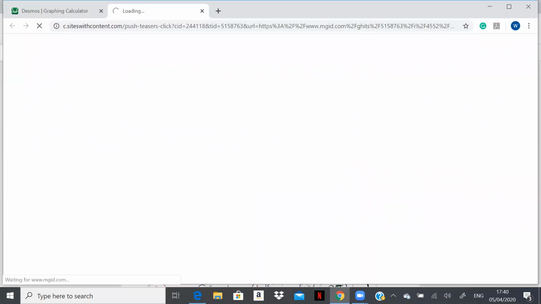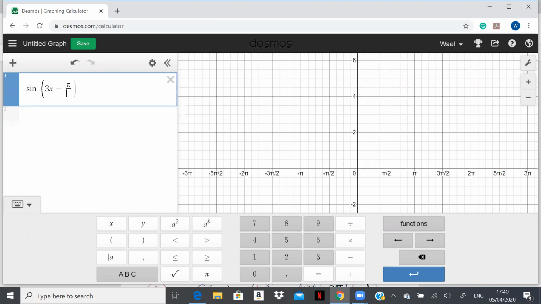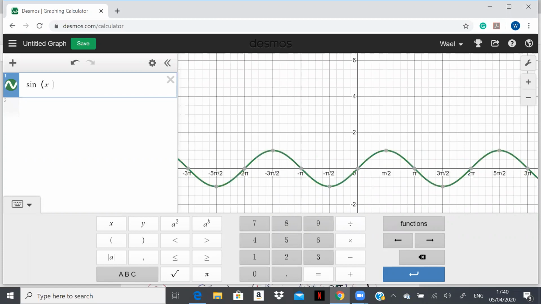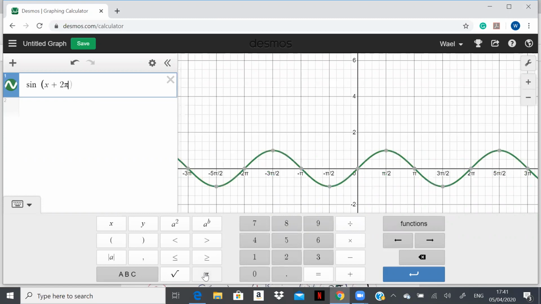So in this case, we are going to graph it first. This one was sine x, space, plus 2 pi, and close the bracket.